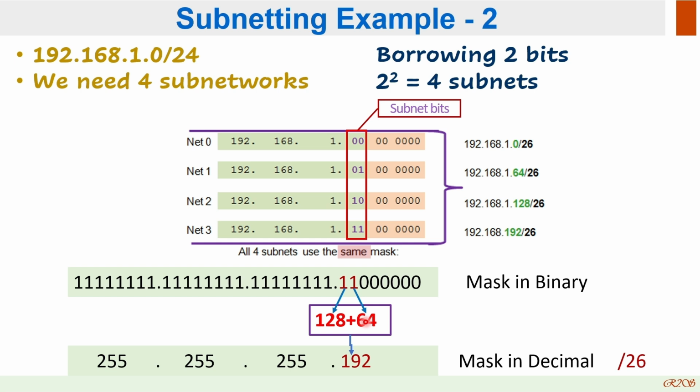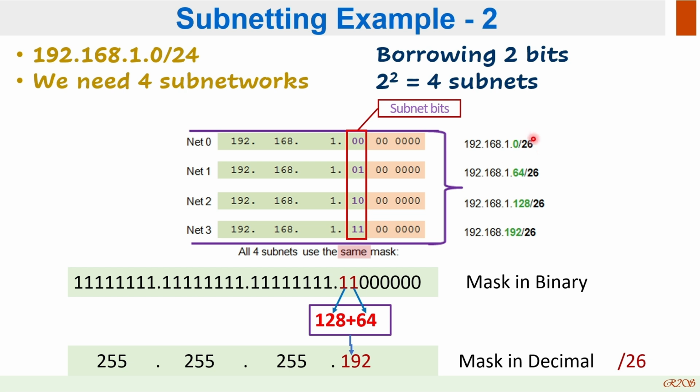So the new subnet mask for these 4 subnets is 255.255.255.192.